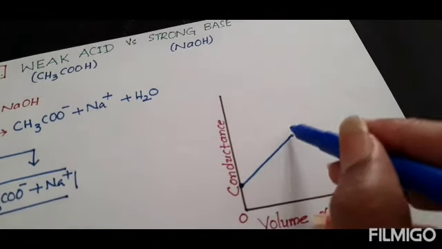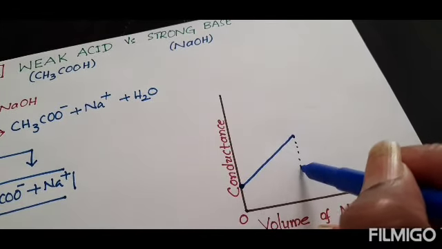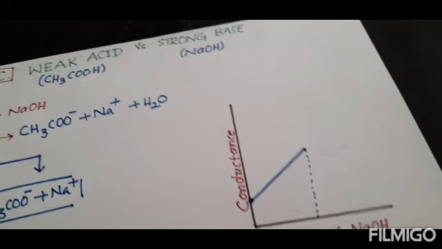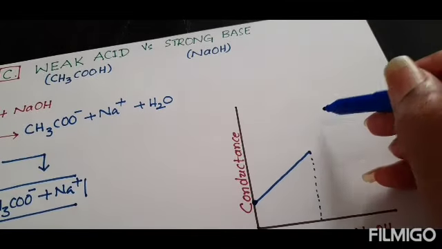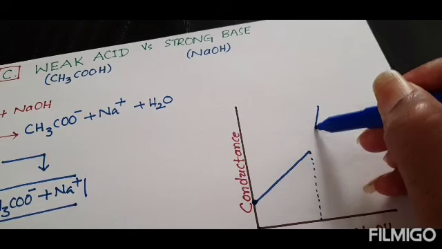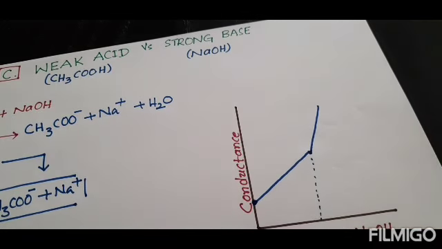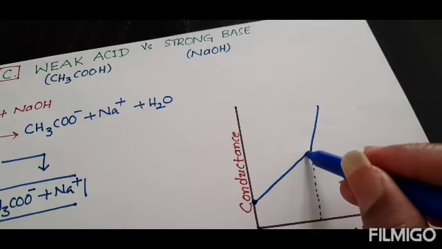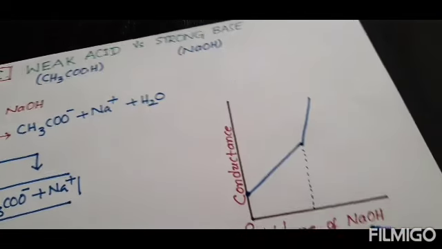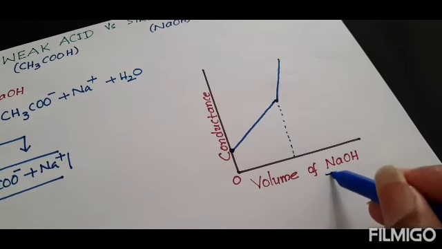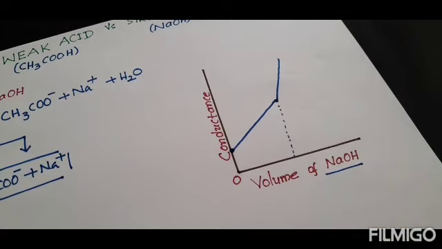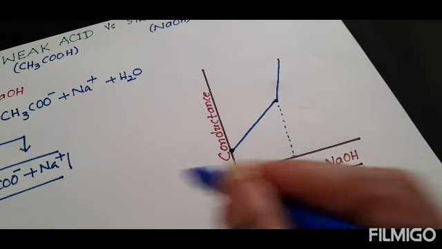After reaching the end point, that means where the total equivalents of acid are consumed, the graph will take a steep curve. What is the reason? Here you are continuously adding the NaOH. NaOH is a strong base.